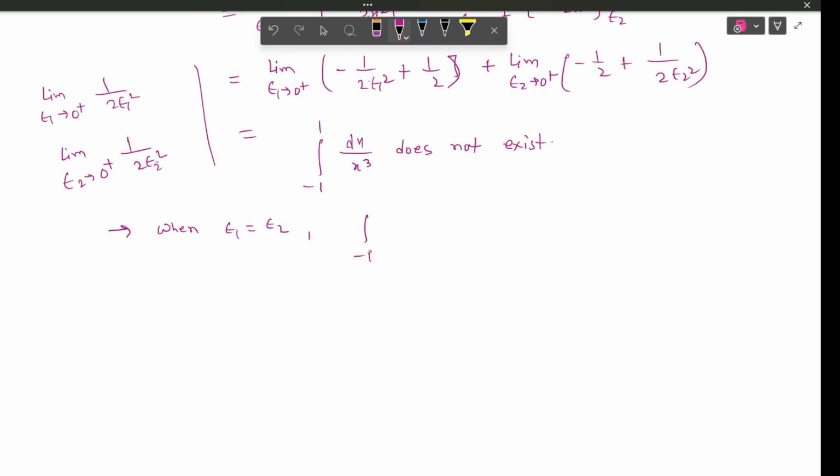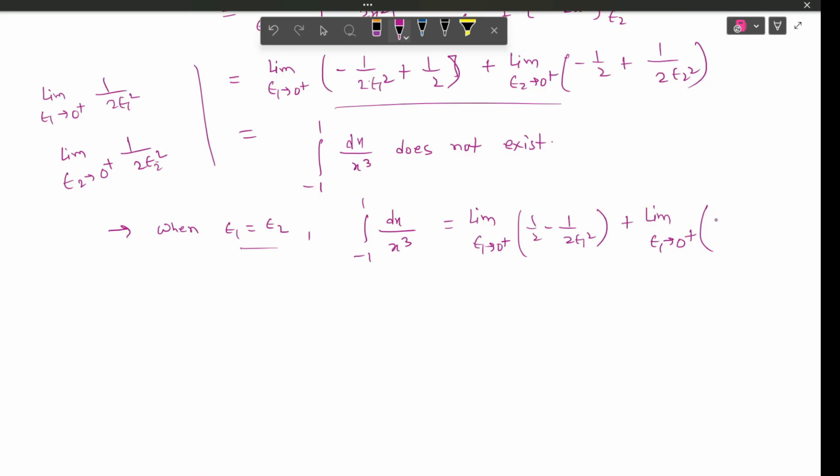If we take this integration from -1 to 1 of dx by x cube, it will be the limit as epsilon 1 tends to 0 plus of half minus 1 by 2 epsilon 1 square, plus, since epsilon 2 and epsilon 1 are the same, we can write it as epsilon 1 tends to 0 plus of minus half plus 1 by 2 epsilon 2 square.